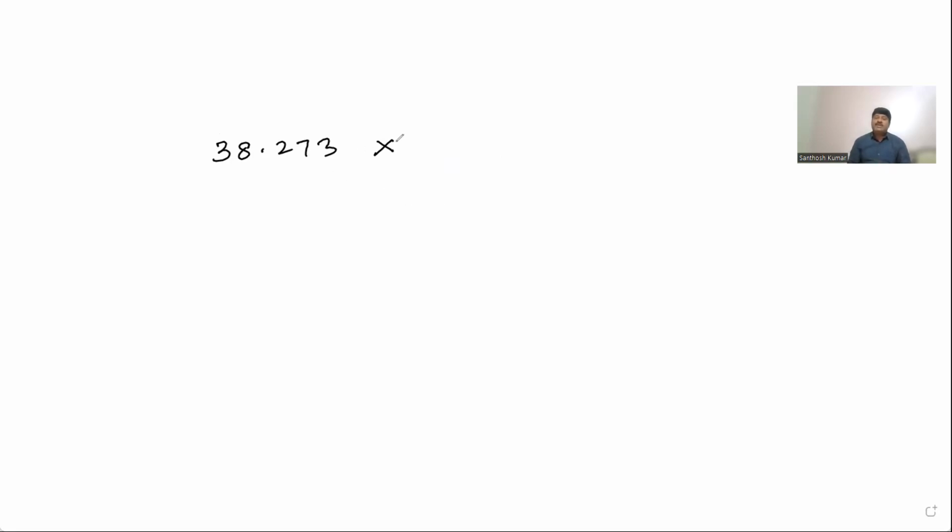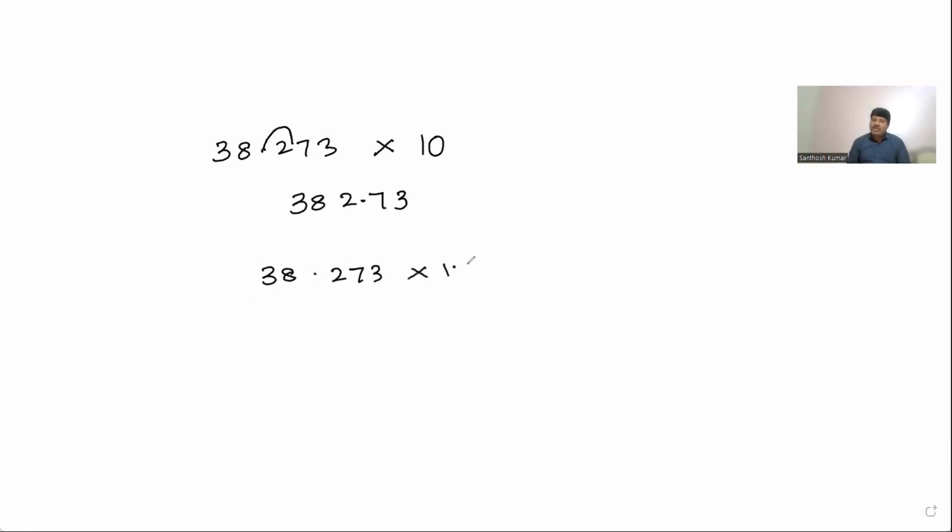Here it is based on the number of zeros it contains. That means if you are multiplying by 10, 10 contains only one zero, isn't it? So as we are multiplying with 10, the point should move right side up to one digit. That means the point should move from here to here, so that the number will become 382.73. Understand?